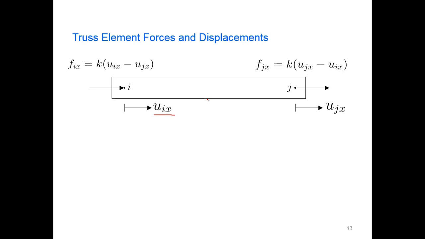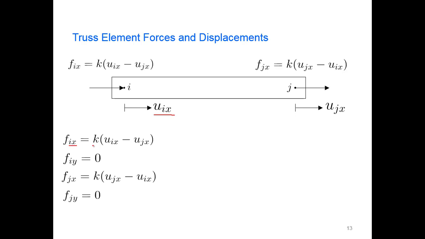The force at node I in the x direction is going to be k times the change in displacement along our member, as well as the force at node J in the x direction. So we're not looking at any forces in the y direction in the local coordinate system. We're local to the member, just this one particular member.